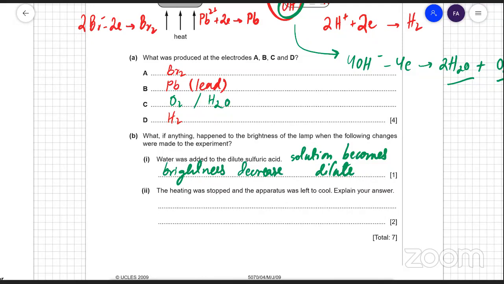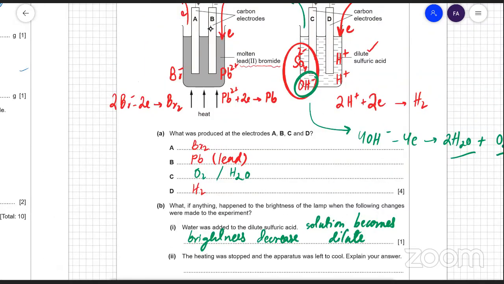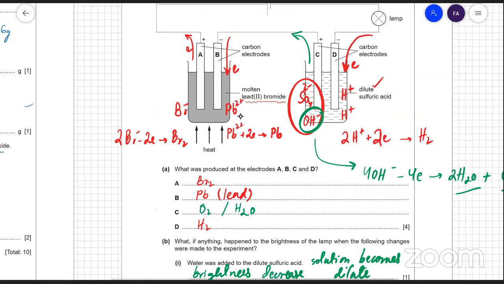The next part is the heating was stopped and the apparatus was left to cool. If you stop the heating, then the lead bromide would not be molten and the ions would not be able to move around, and they wouldn't be able to go to the cathode or to the anode to gain or lose electrons. So the transfer of electrons would stop. You want the ions to be mobile.